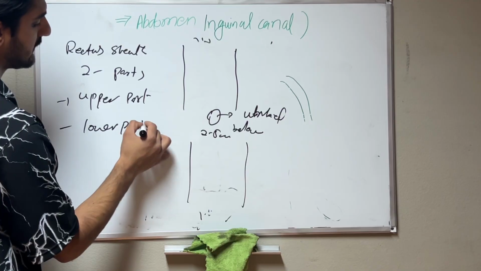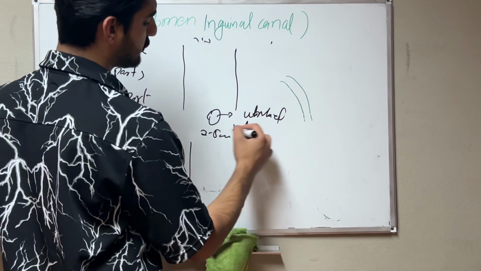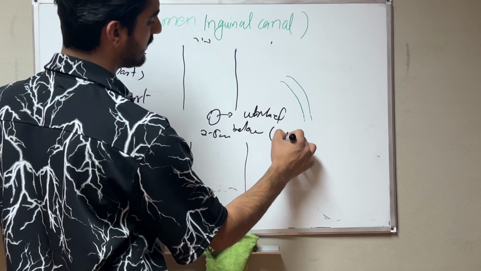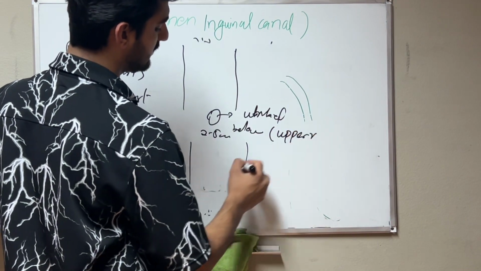The upper part is above the line 2 to 5 centimeters below the umbilicus, and this is the lower one.